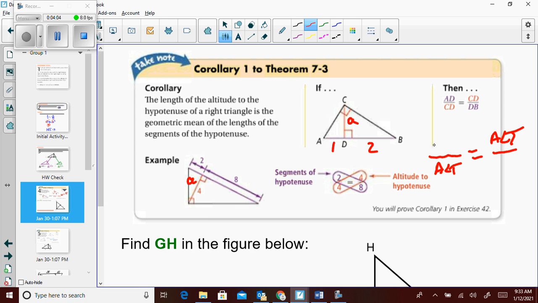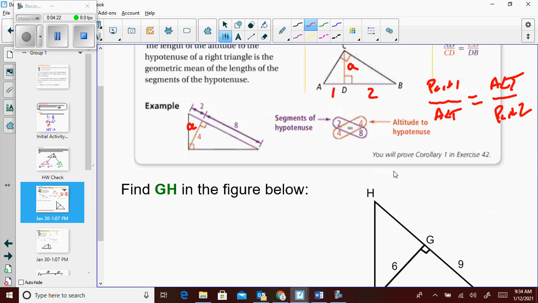So it could be part 1, part 2. That's really what it does. It breaks the hypotenuse into 2 parts. Just know it's always going to be altitude times altitude. It doesn't matter which part you put where, because it's going to be multiplied by each other.